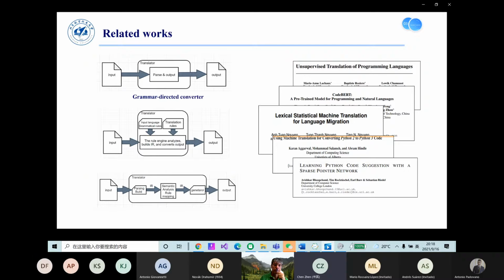The general idea is to convert the input text into an intermediate representation with a relatively low level of abstract dependency, and then output it. Recently, some researchers have used statistical methods, machine learning, pointer networks, and other methods to try to convert the code, as shown on the right, but the accuracy cannot meet the high requirements, and there are some unpredictable structure errors.